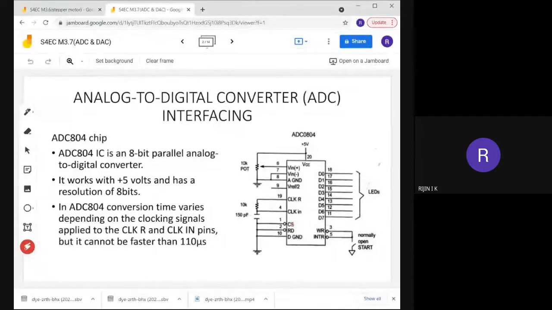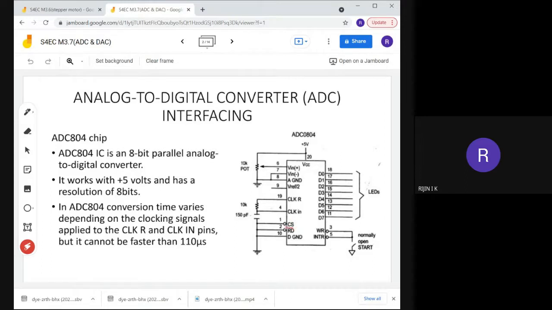Then also it will activate. So that is the first thing: the CS pin for chip selection, or activating the ADC chip.